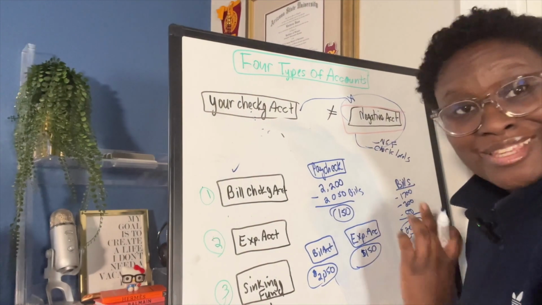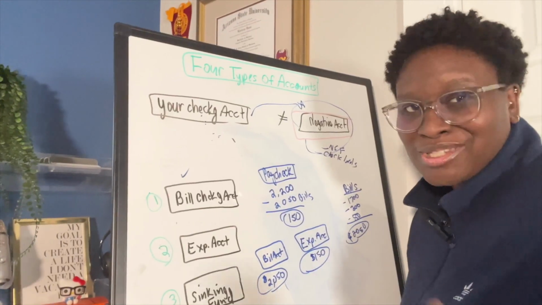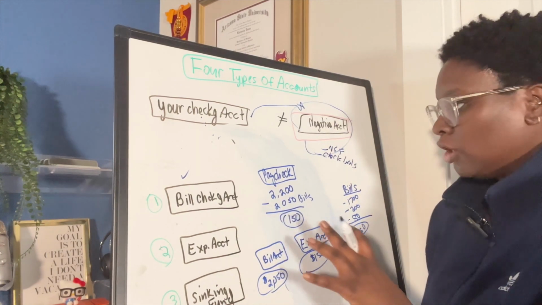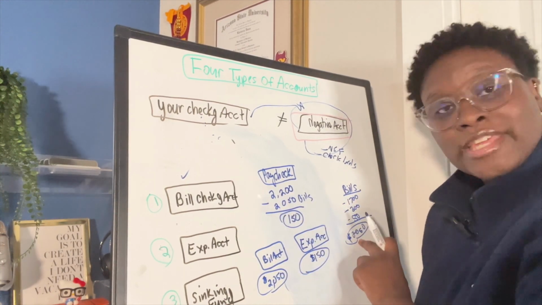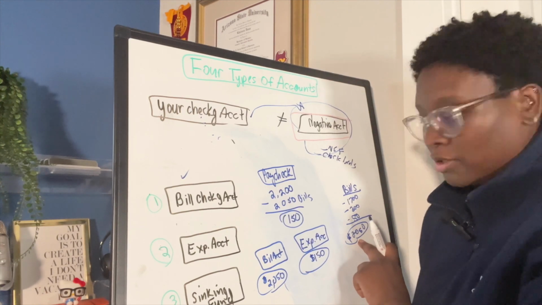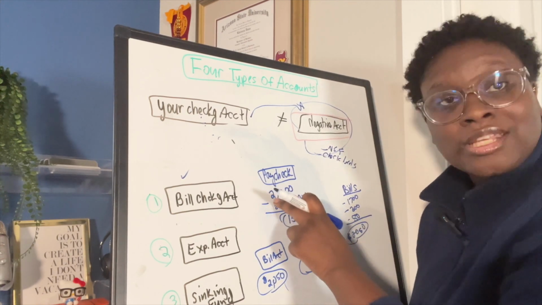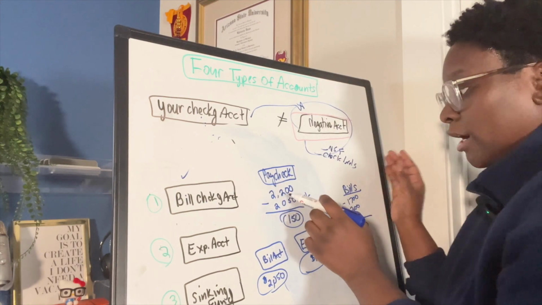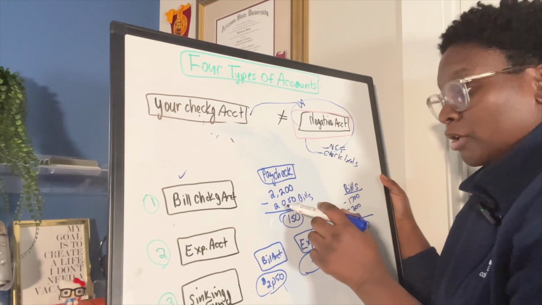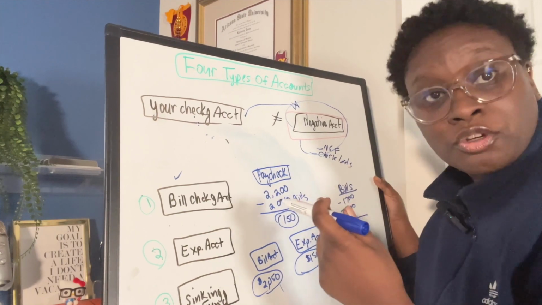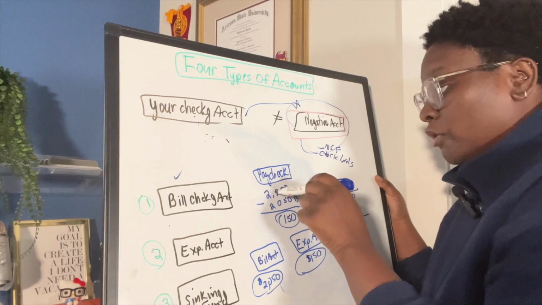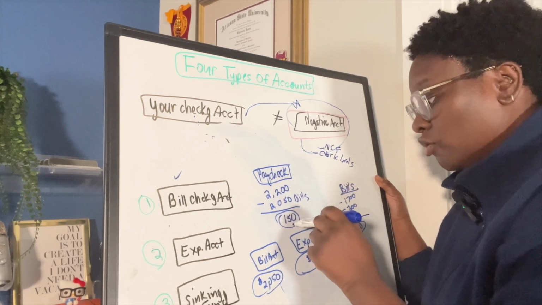Using this example of your bills, and again, you guys, these figures are just an example to illustrate the four types of accounts. The reason why you take a good estimate of your bills, which is $2,050, is say your net income after taxes and everything else is about $2,200. So your net income minus your bills is $150.